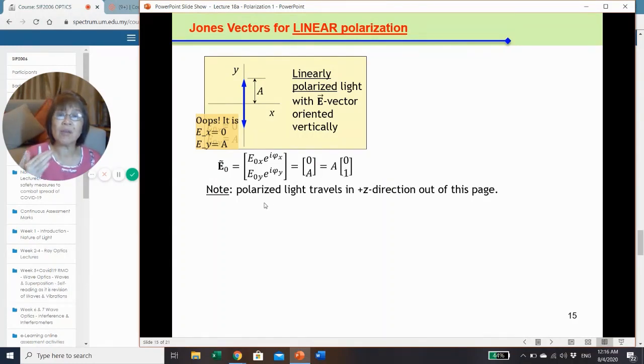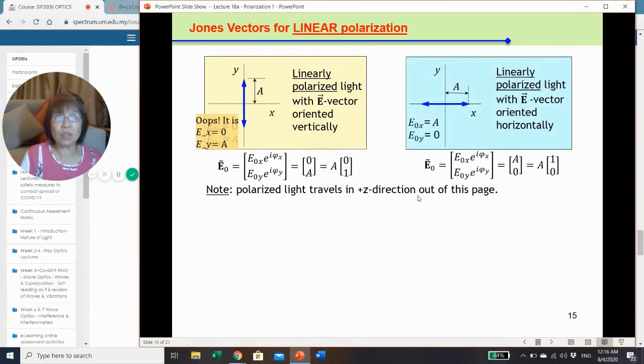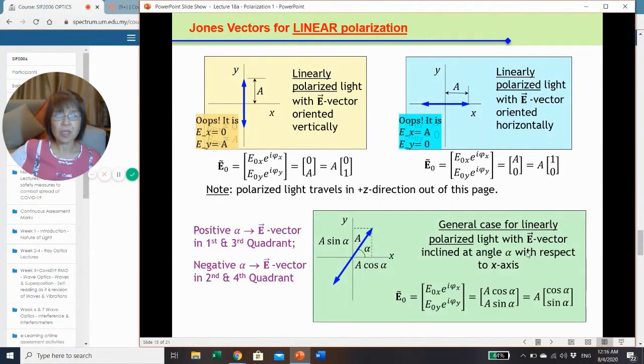So this is a polarized light or EM wave that's traveling in the Z direction, and the Z direction is out of the page. What if it's for horizontally linearly polarized light? Basically, we have E0x with an amplitude, E0y has no amplitude, so that will be written as A, 0, factor out the A, then multiply by 1, 0. That is for vertical and horizontal.